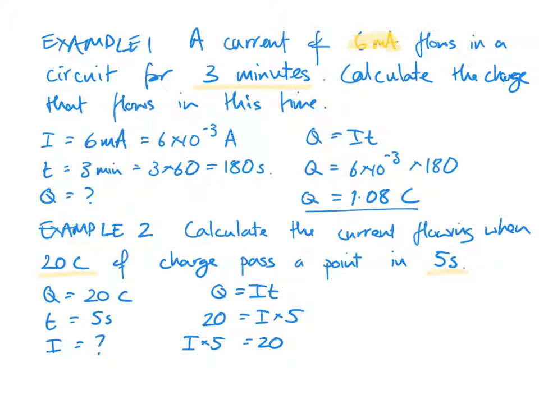And then you're saying, what do I have to do to both sides to get rid of the times 5 to get I on its own? Well, I have to divide by 5 because that cancels out the times 5, and whatever I do to one side of the formula I must do to the other. So on the right hand side I have to do 20 divided by 5, and I get my final answer then, 4 amps.